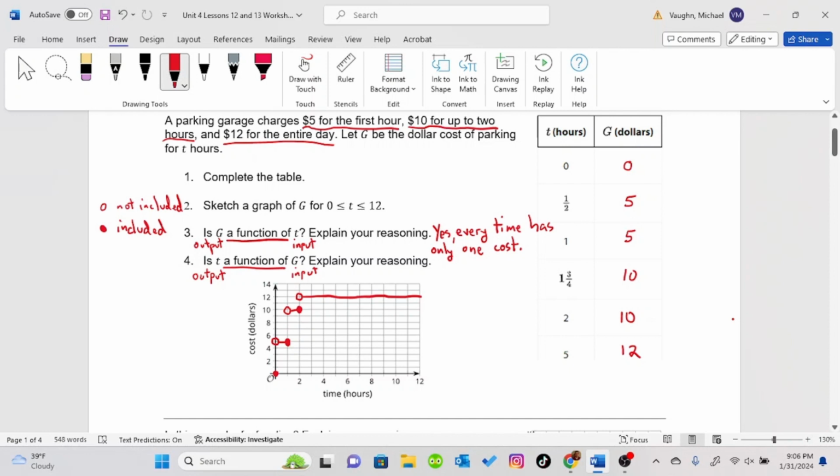The $10 cost has every time above 1 hour up to and including 2 hours. So this is not a function because each price has more than one time.